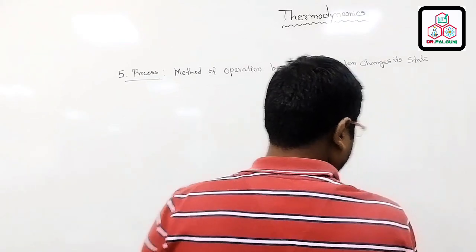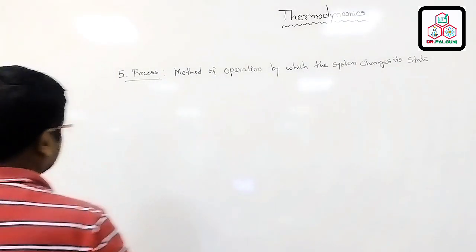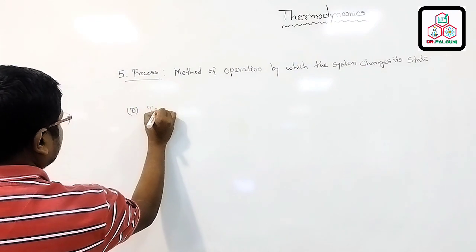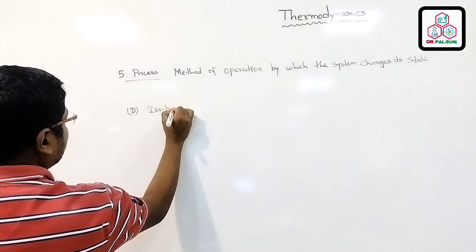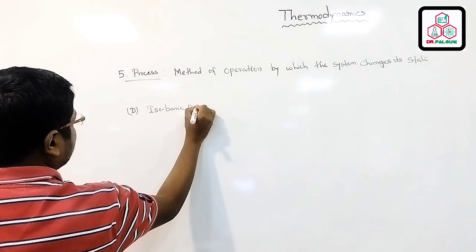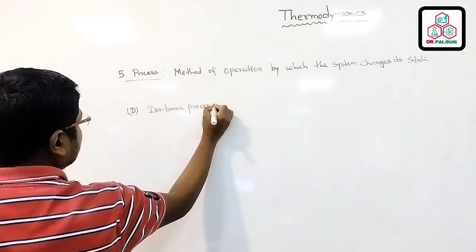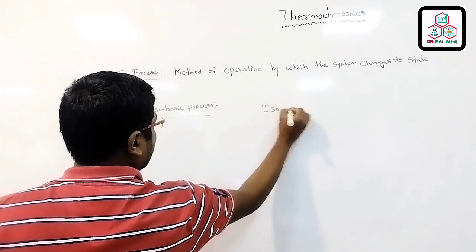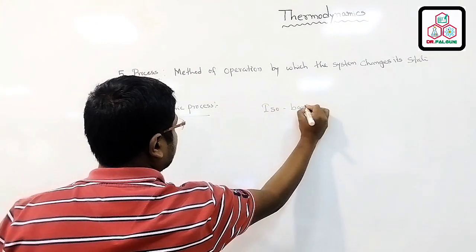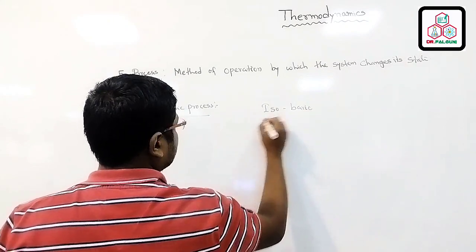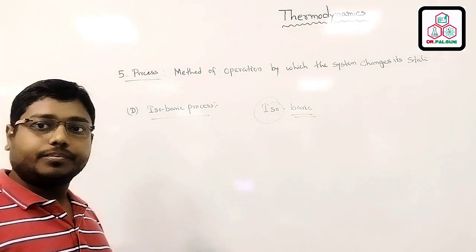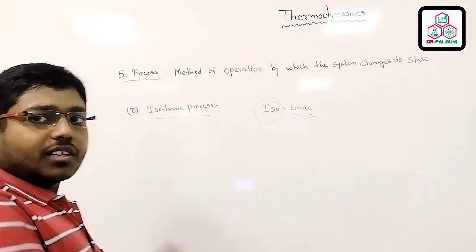Next is isobaric process. Isobar or isobaric process. Iso means fixed. What is fixed? Bar means pressure. Bar is the unit of pressure.